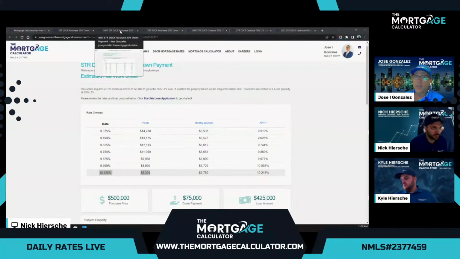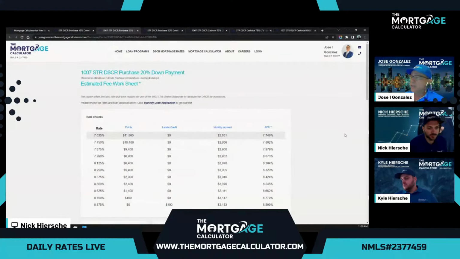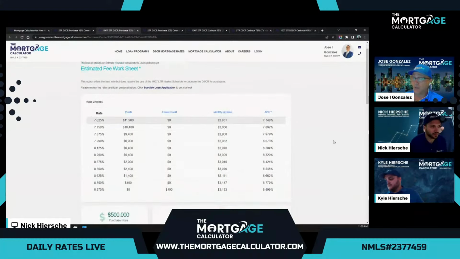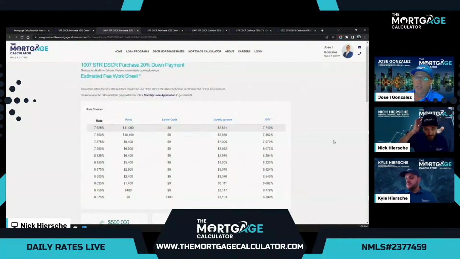So now I'm going to show you the 20% down option using the 1007 as well. Again, we can use this for our short-term rental properties for purchases, which is what we're discussing here. Now, you will note how the rate gets substantially better when we drop it down to 80%, because 85% is really the extreme outlier in this market.